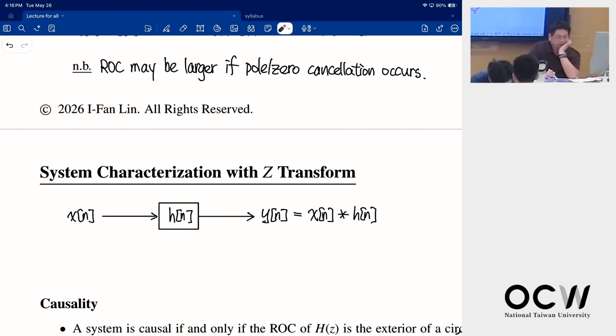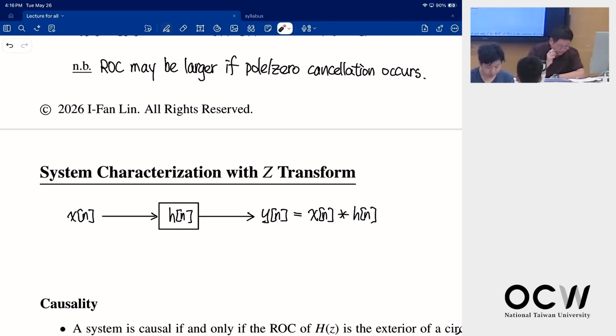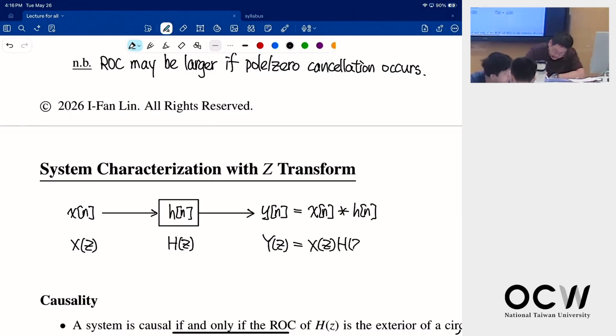How do I know the system's function? Yes, if I send the delta function, I can know the system, right? And then in Z domain, the output is the multiplication. Here is the system function, or the transfer function.